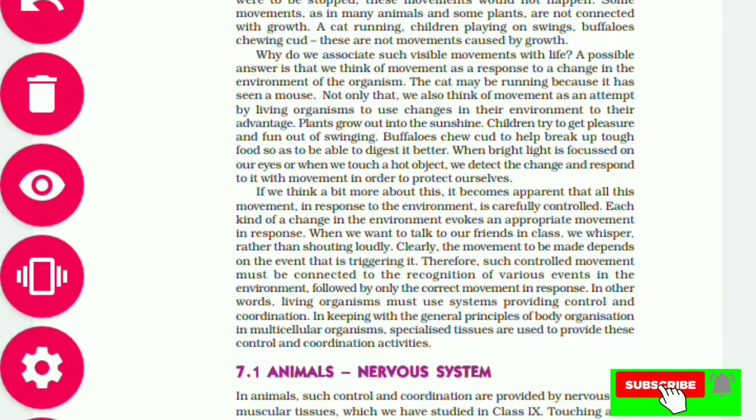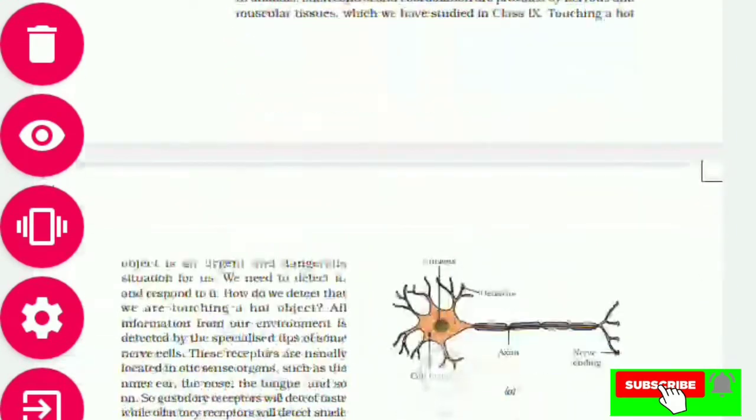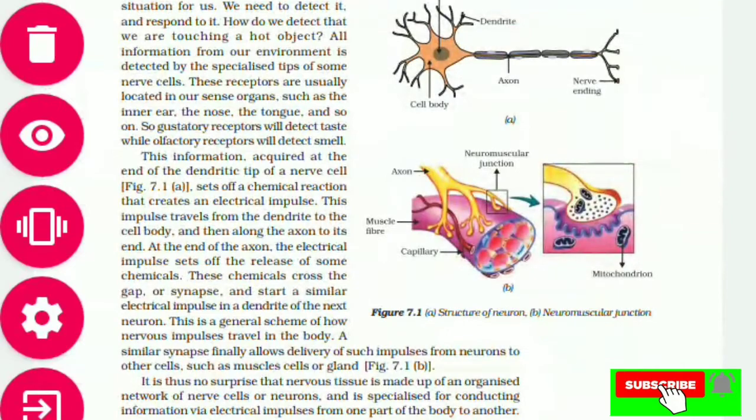Control and coordination: in this chapter you will study the nervous system, how the nervous system works, neurons, then reflex action.